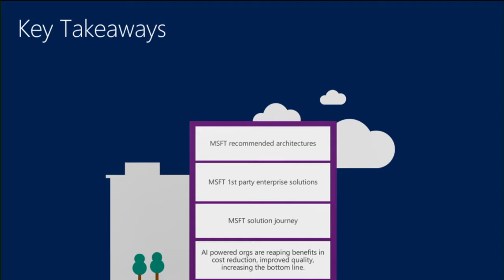Second, try to use whatever you have already. Do not try to reinvent just because there's a new technology out there. That does not mean that you need it immediately. You should look at the best practice architectures, and we are helping build these and publishing them for you. These will be the Microsoft first-party enterprise solutions that we'll be publishing. These are fully vetted, enterprise-grade solutions.